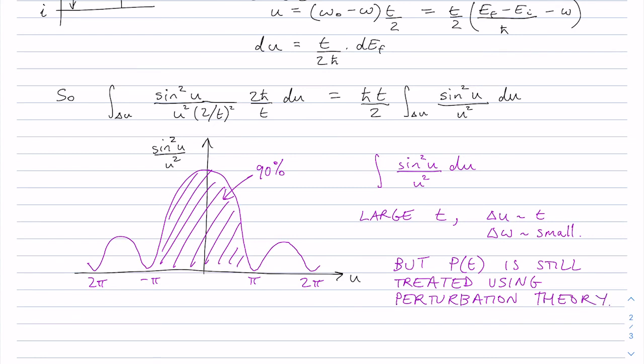And in fact, we can do that. And so for typical examples, we'll have the time running for long enough so that perturbation theory still works because the perturbation is small, but t is long enough that we can do this integral of sine squared u over u squared, assuming that you're going from minus infinity to infinity. And then you can do this exactly, and it's pi.